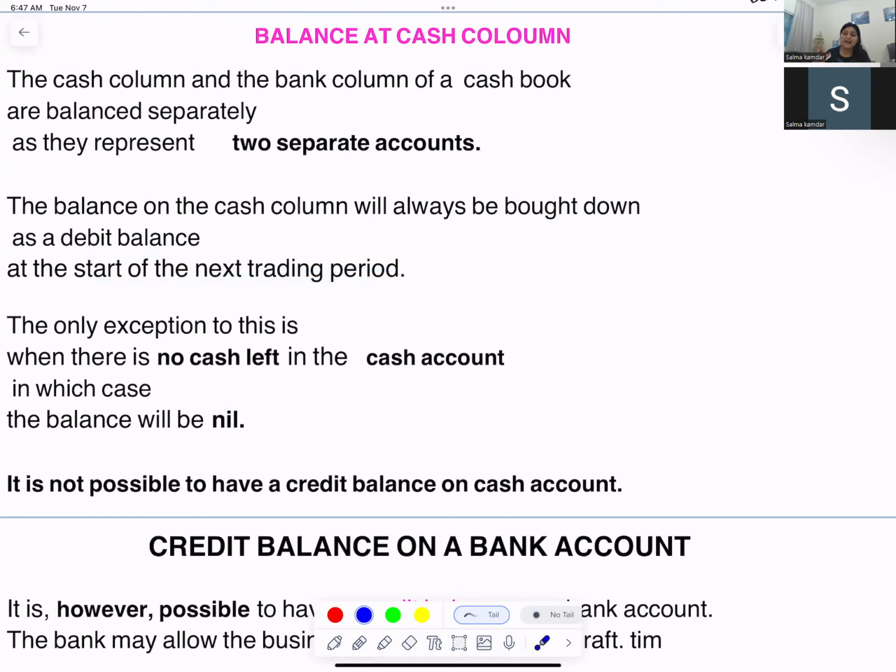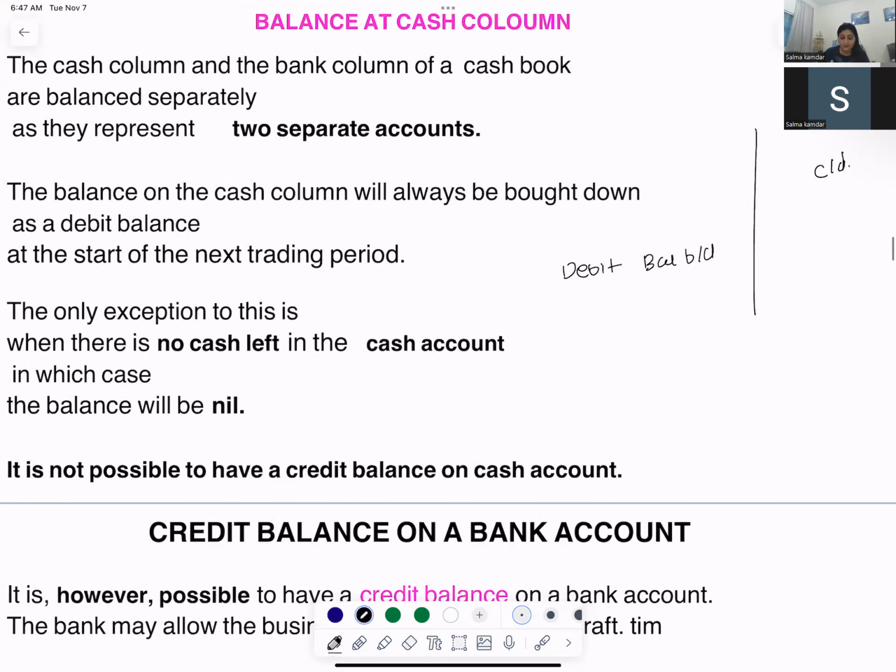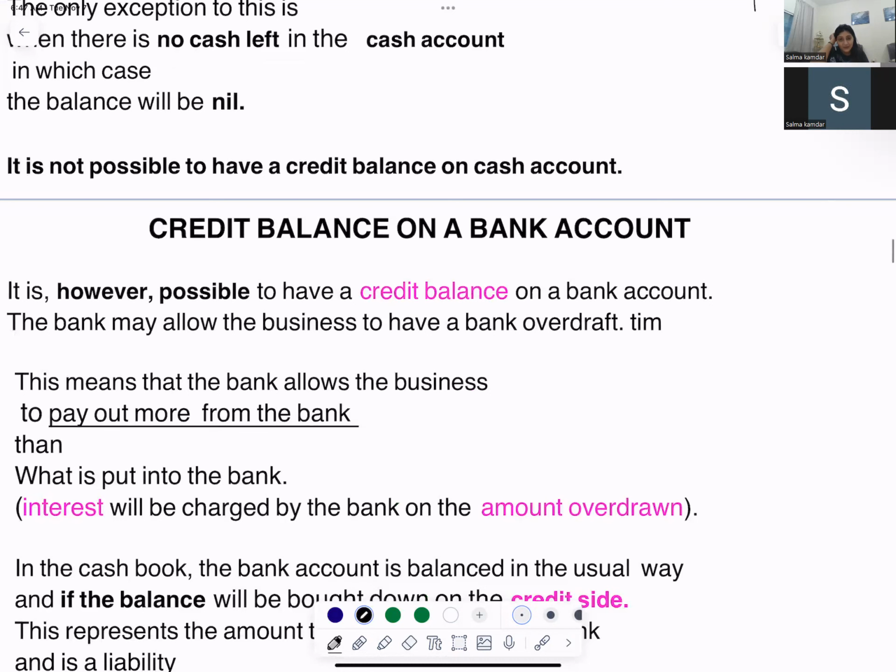In this case, the balance will be nil, but a cash account will always have a debit balance brought down, and the closing balance would always appear on the credit side. What does a credit balance of a bank represent?